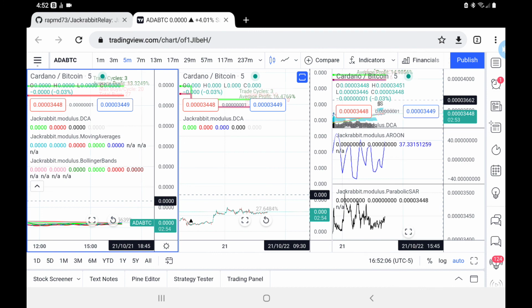So hopefully that answers the question in terms of how to trade BTC as a quote currency, and hopefully provides insight so that when you go to make your own recipes, you know what you are looking for.